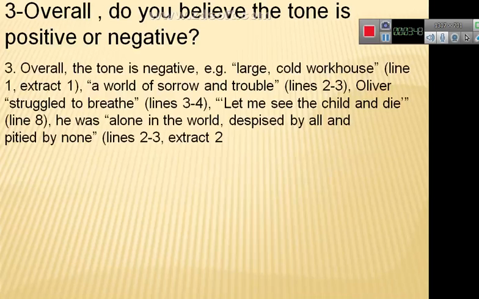Overall, the tone is negative. Large, cold workhouse. Line 1, extract 1, a world of sorrow and trouble. Oliver struggled to breathe. Let me see the child and die. He was alone in the world. All these sentences demonstrate that Oliver will lead a miserable life.